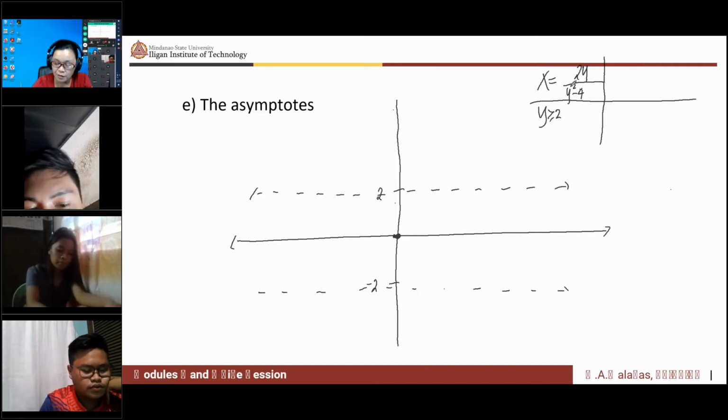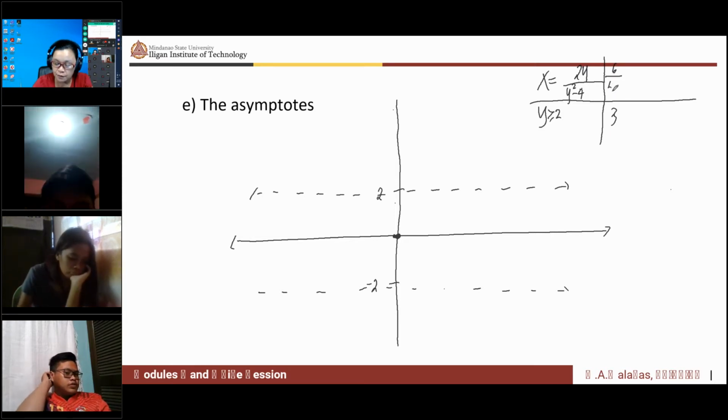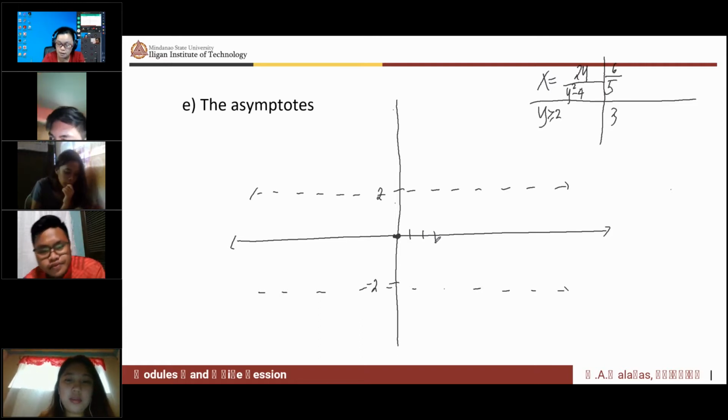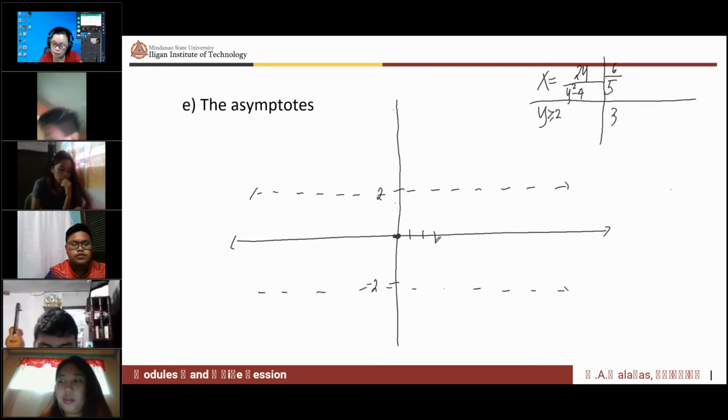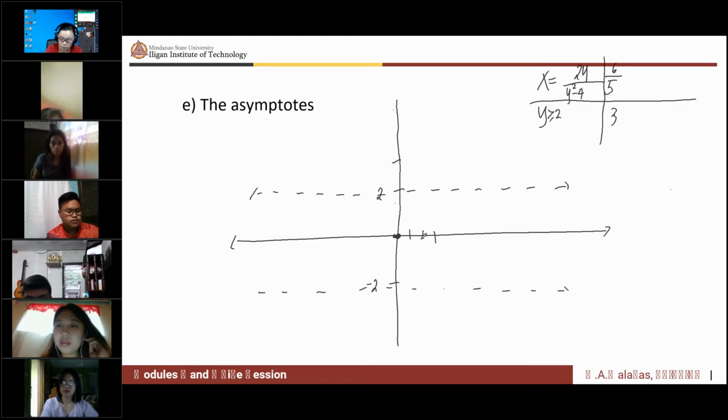You have 6 over 9 minus 4, so 6 fifths. 6 fifths is 1 and 1 fifth.